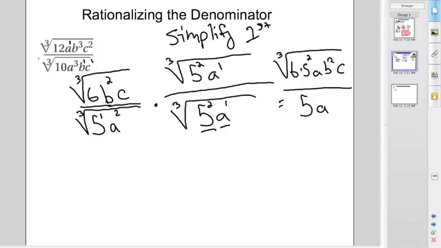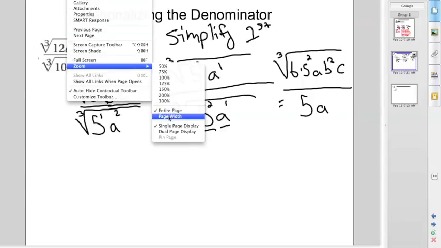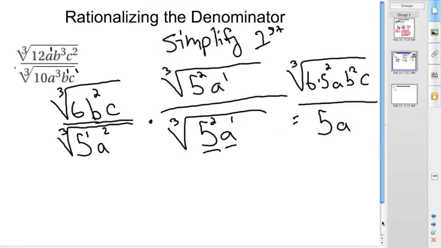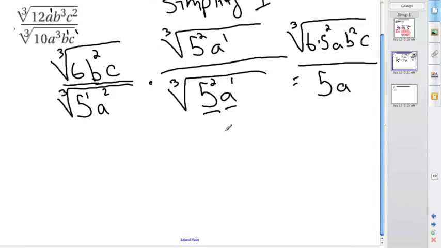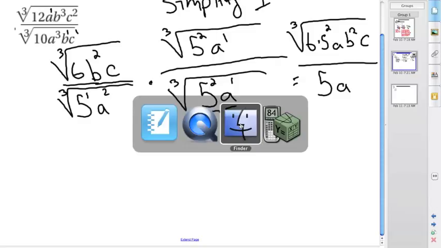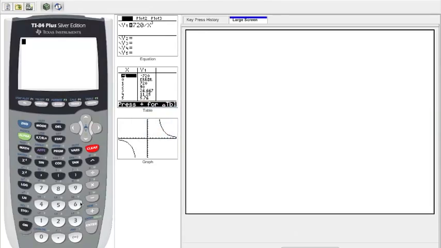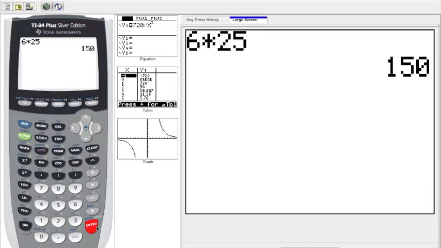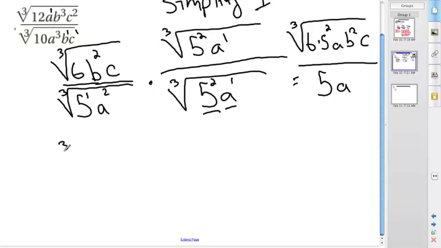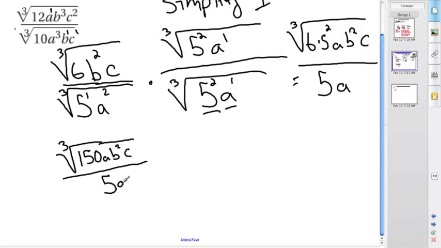So I'm going to now simplify 6 times 5 squared. So 6 times 25, which is going to be 150. So now I have the third root of 150 a, b squared, c, all over 5a.